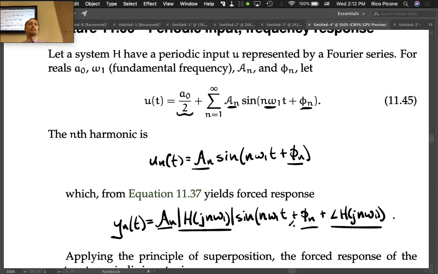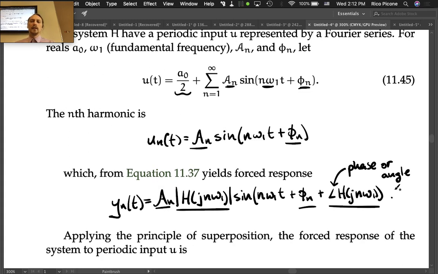So the angle symbol is a phase shift symbol? Yes, exactly. So this is the phase symbol, sometimes also called the angle. Great.